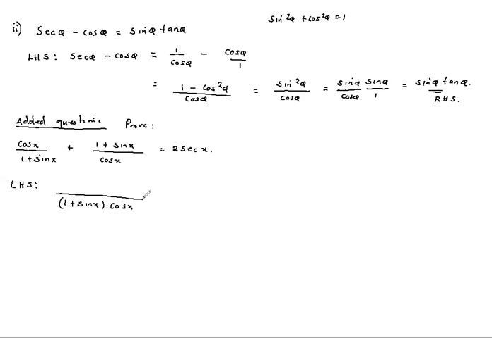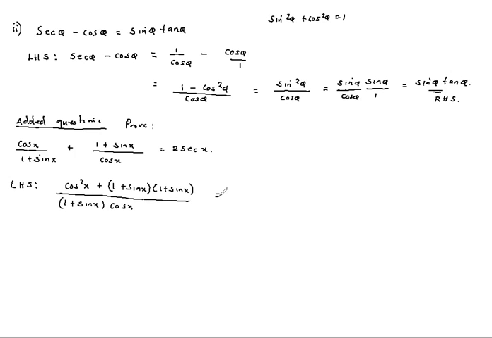Then you have cos squared x on top, plus 1 plus sine x and 1 plus sine x.